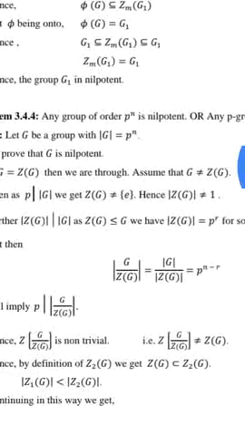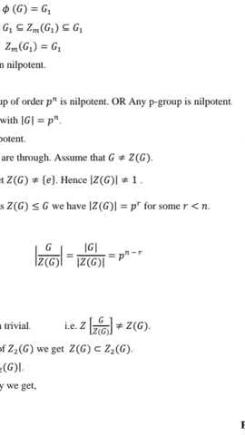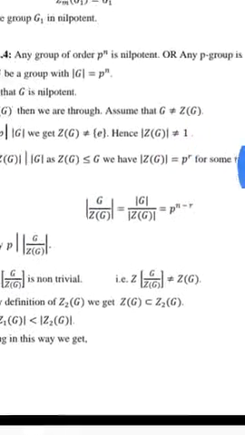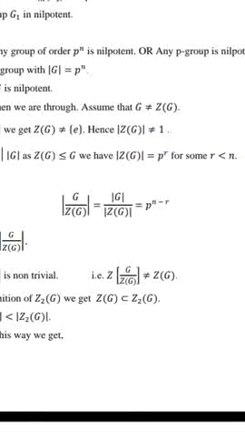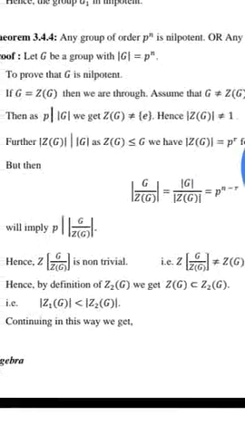Assume that G is not equal to Z(G). Then p divides the cardinality of G and we get Z(G) is not equal to the singleton {e}, and hence the cardinality of Z(G) is not equal to 1. Further, the cardinality of Z(G) divides the cardinality of G as Z(G) is a subgroup of G. We have the cardinality of Z(G) equal to p raised to r for some r less than n.